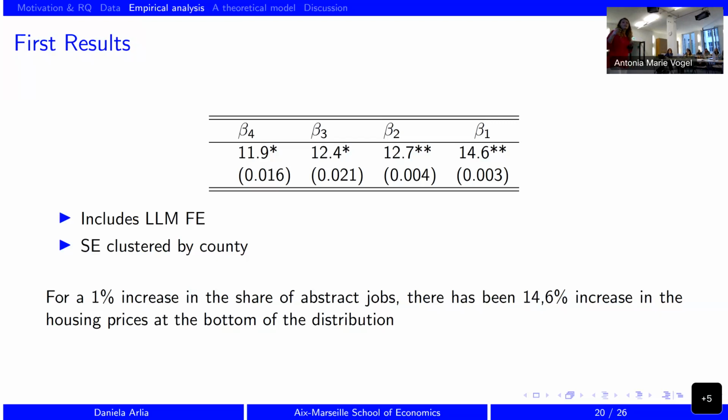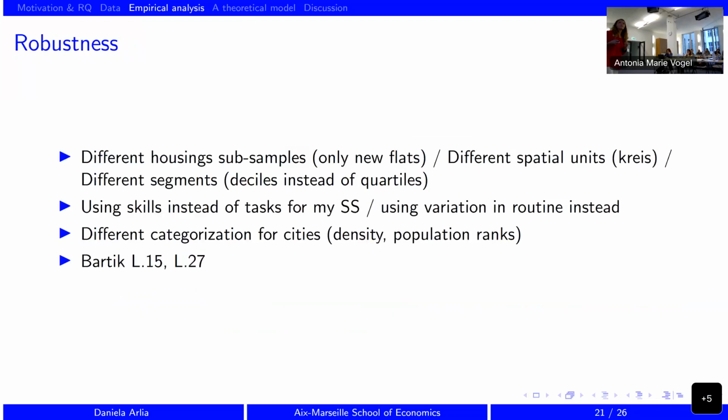And what I see is that for a 1% increase in the share of abstract jobs, there has been a 14.6% increase in the housing prices at the bottom of the distribution. So what I observe is that these beta coefficients vary along the price distribution. And for this, I use the variation in the share of abstract jobs across the labor markets.